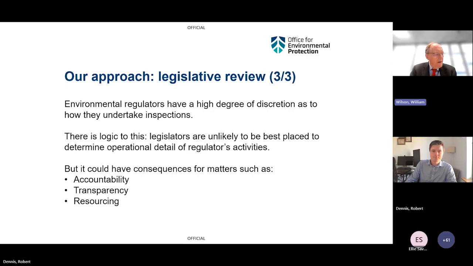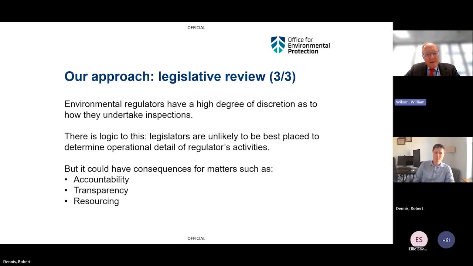That's fine. So what those general provisions tell you is really that regulators are being given a very big degree of discretion how they undertake inspections from time to time, with the frequency that seems appropriate to them.